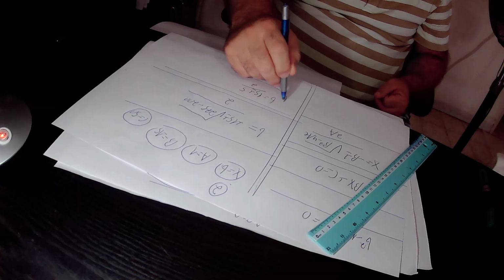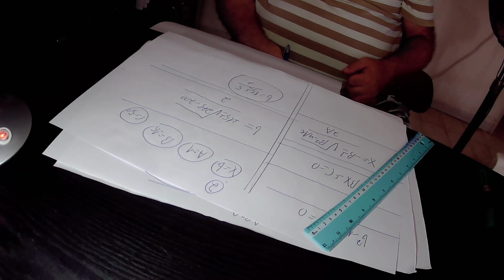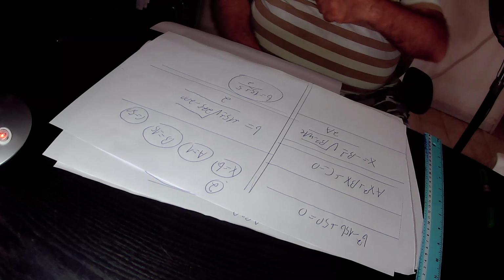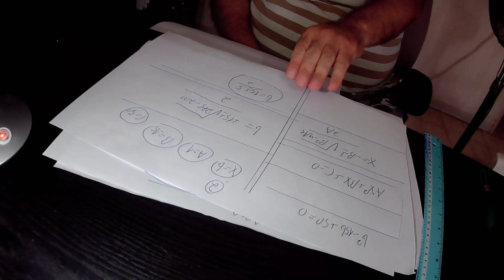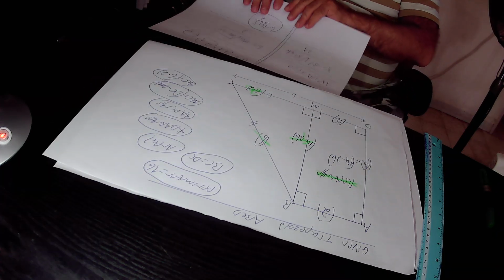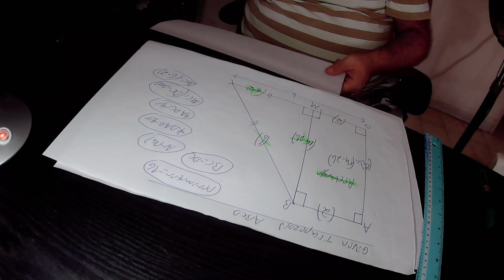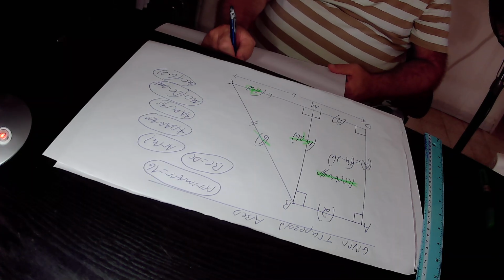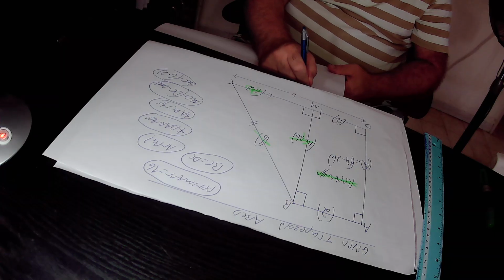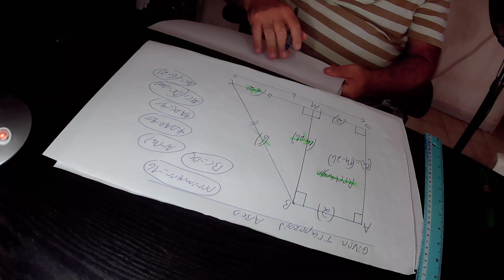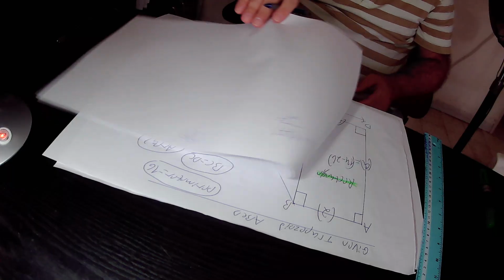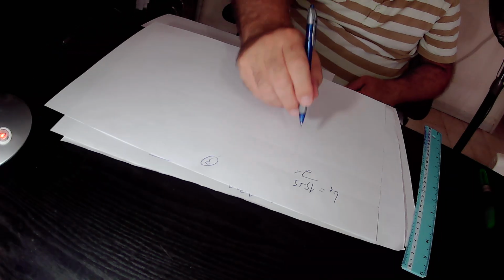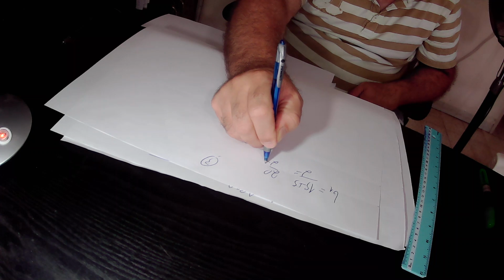So here we have two possible solutions for b. We define the first solution for b as b1, and the second solution for b as b2. The first solution, b1, will be equal to 15 plus 5 over 2. 15 plus 5 is 20, and 20 over 2 is 10.